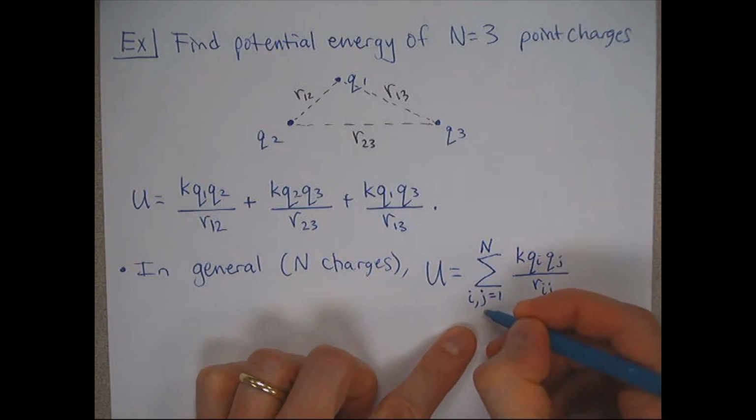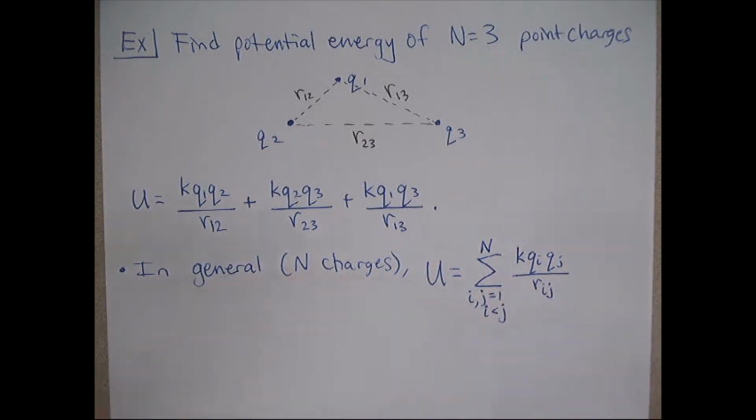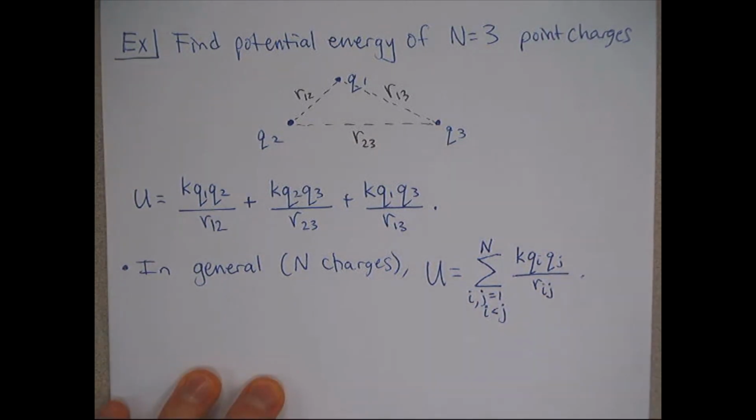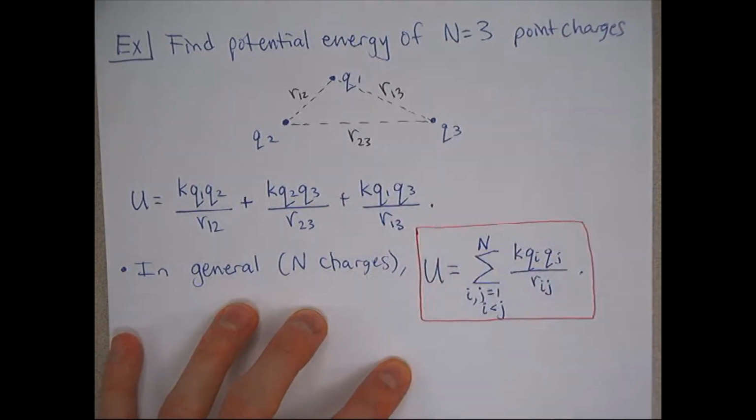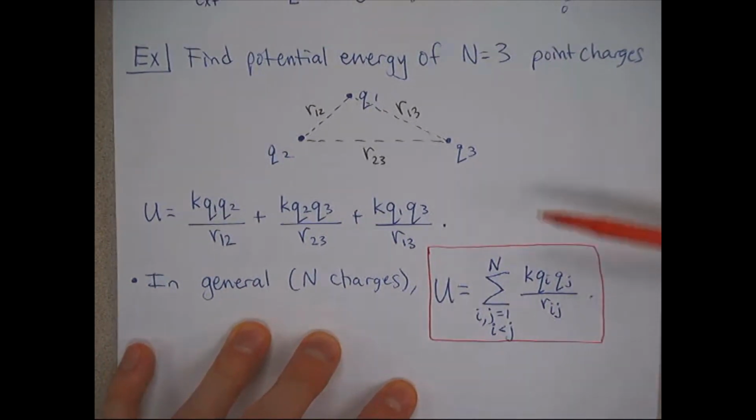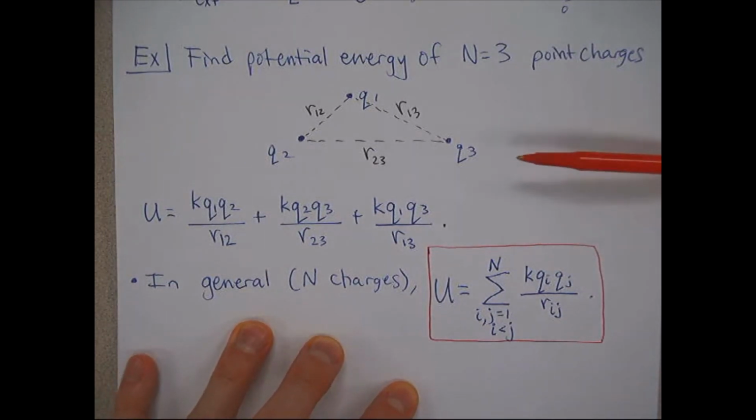And so that we do not double count, we require that i would be less than j in this summation. You see how that general formula works out in the case of 3 up here, right?